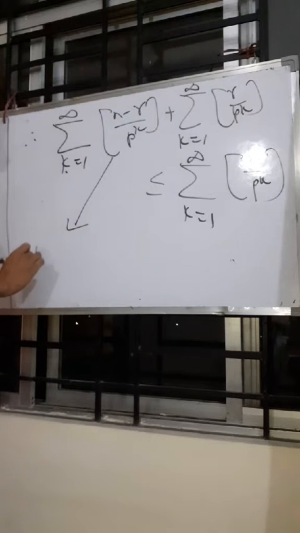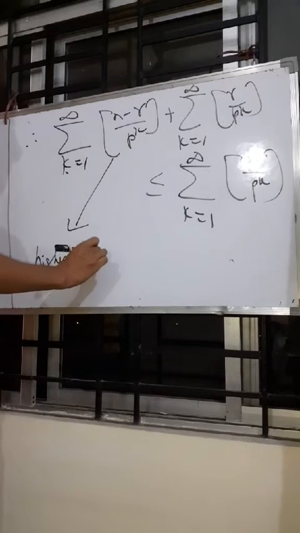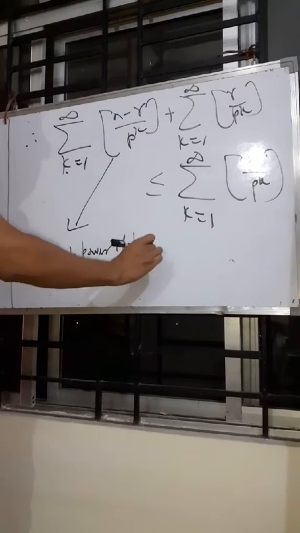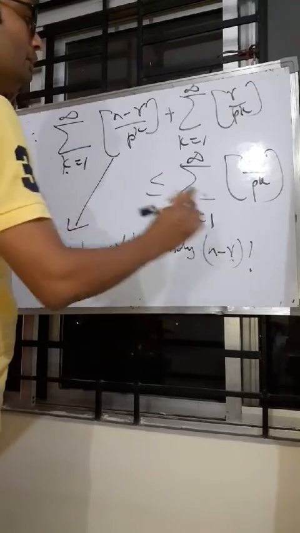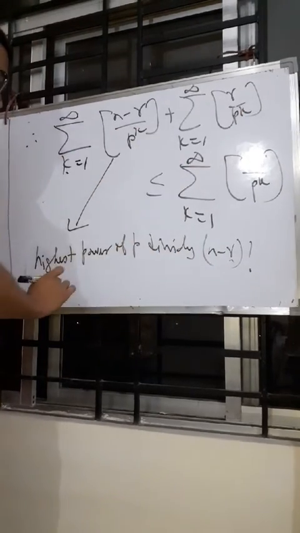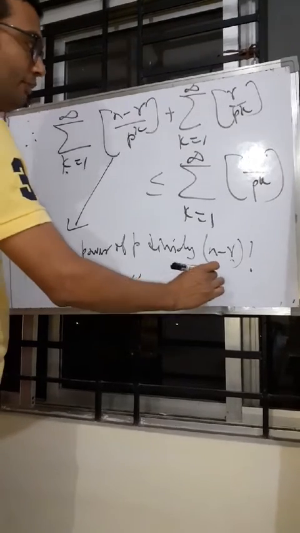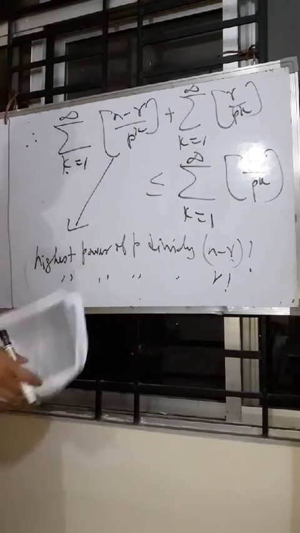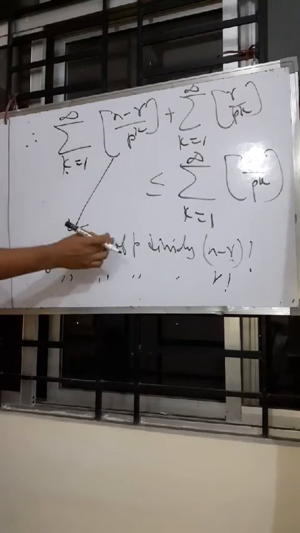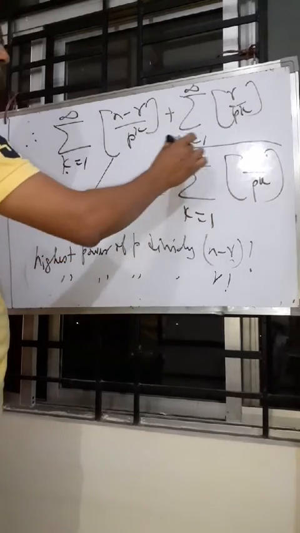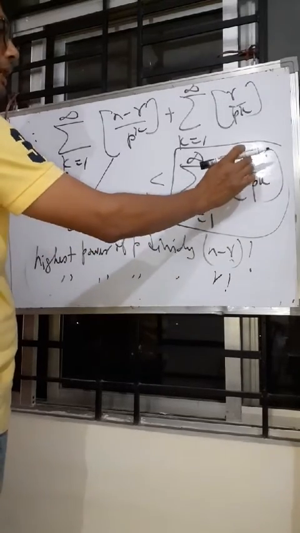This number means the highest power of p dividing factorial n minus r. This number means the highest power of p dividing factorial r. So in total, their sum is less than or equal to the highest power of p dividing factorial n.